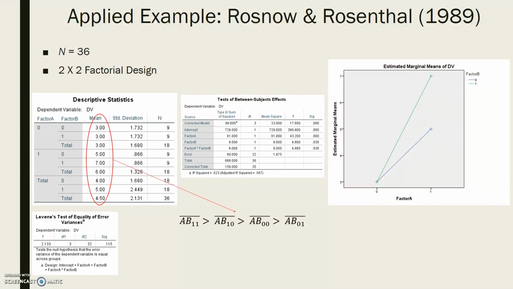One of the things we might conclude is that the mean of the second levels of factors A and B, or 7 as we see in the table, is the greatest mean, followed by the second level of factor A and the first level of factor B, followed by the first levels of factors A and B, followed by the first level of factor A and second level of factor B, with 3 here.